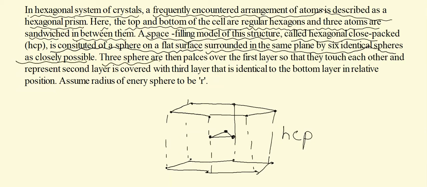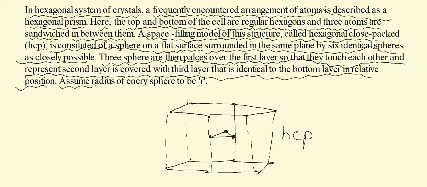Three spheres are then placed over the first layer so that they touch each other, and the second layer is covered with a third layer identical to the bottom layer in relative position. Assume the radius of every sphere to be small r.